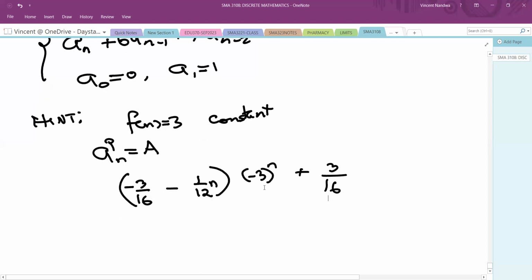And then the other one is a_n minus 2 a_(n-1) equals 5 times 2 power n, where a_0 is given by 7.